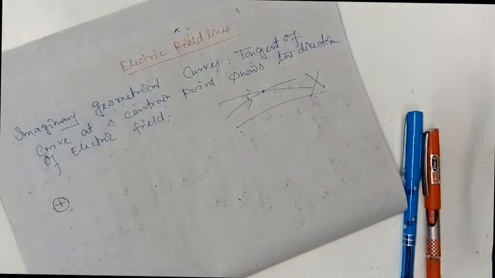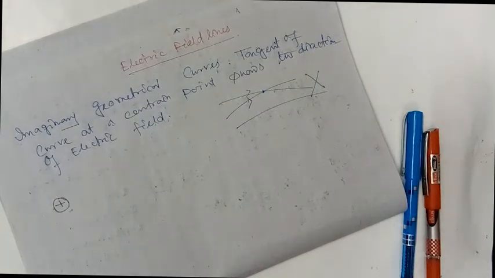Similarly, to find the magnetic field lines, we kept a small magnetic needle, a compass, near the magnet, so we could find the path of the field lines.